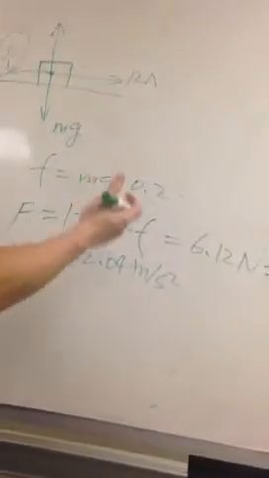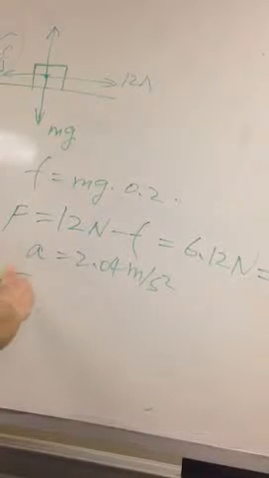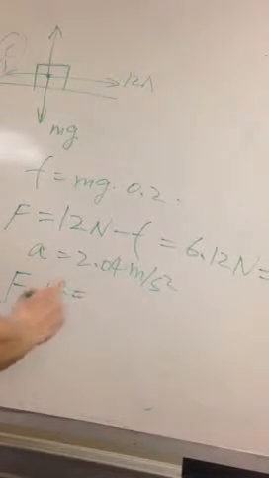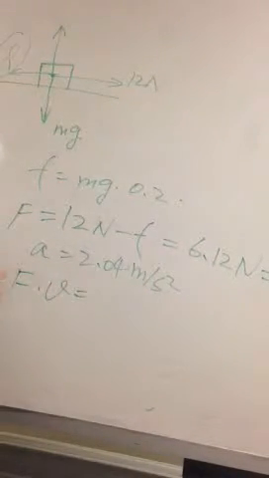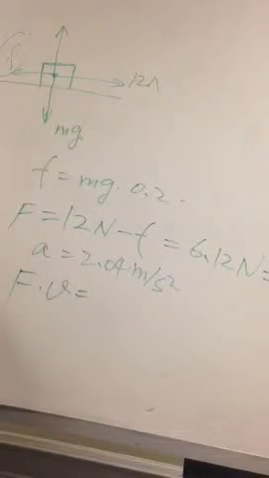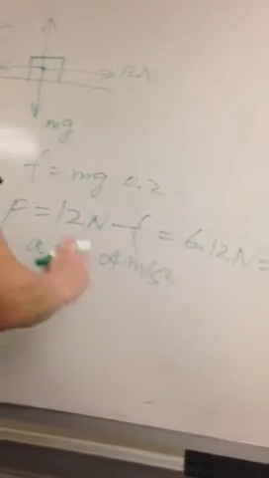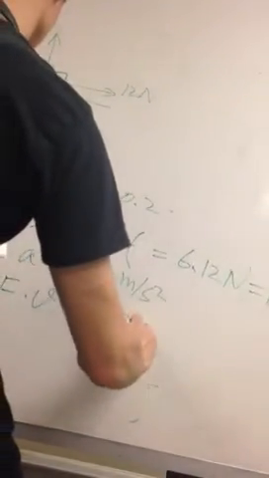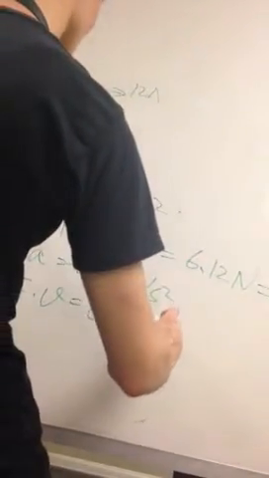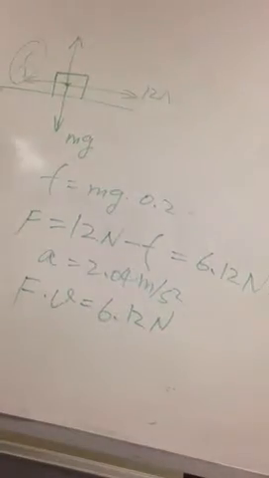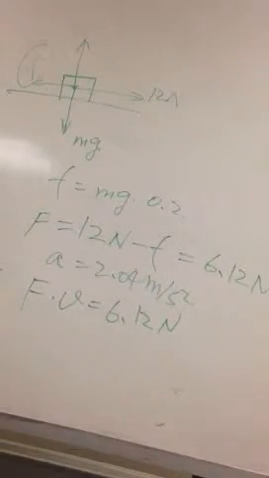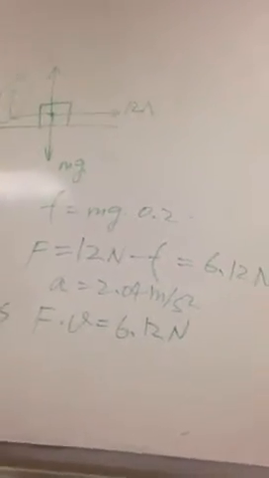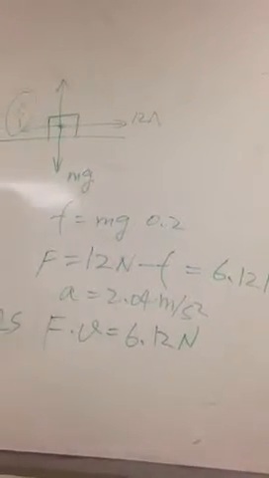And they ask you the same thing, so it's at t equal to 2 seconds. No, I'm sorry. They ask the force P, at what rate the force P is doing work.